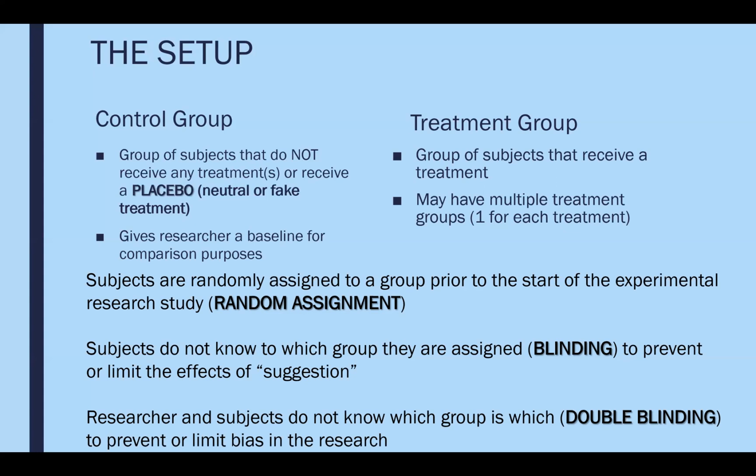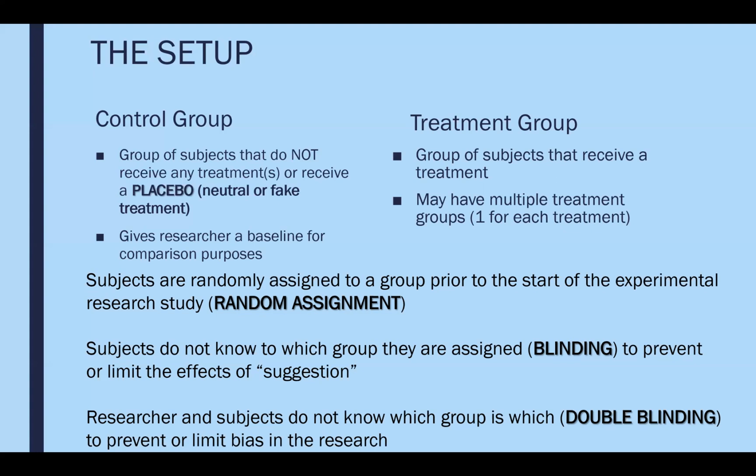Now the researcher knows, but the reason the subjects are kept in the dark is so that there's not the effect of the suggestion, like, oh, I'm taking this medication, so it doesn't affect the outcome.